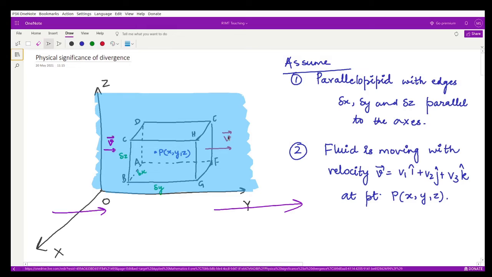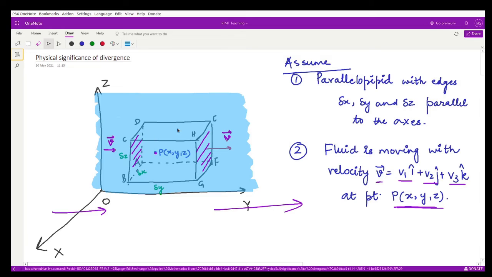It is entering with velocity v and leaving with velocity v. On this face it is entering with velocity v, and on this face it is exiting with velocity v. The components are v1 i cap plus v2 j cap plus v3 k cap at the point P (x, y, z), which we assume to be inside this parallelepiped.